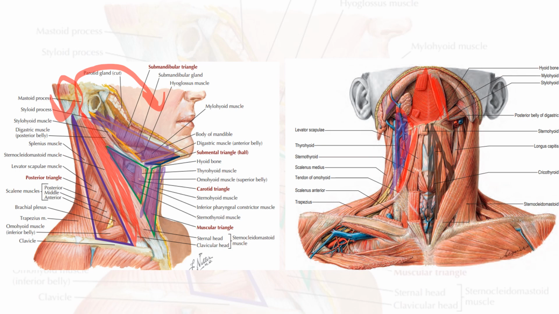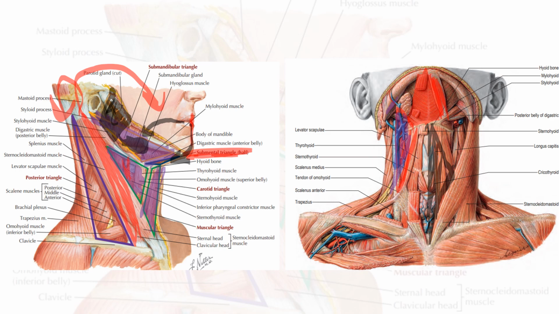So most important features: submental triangle has submental lymph nodes, tip of tongue, lip, center part of lip, and the chin will drain here. Submandibular gland, rest part of face and tongue will drain here. Then parotid gland, tip of parotid gland. These are the structures in the digastric.